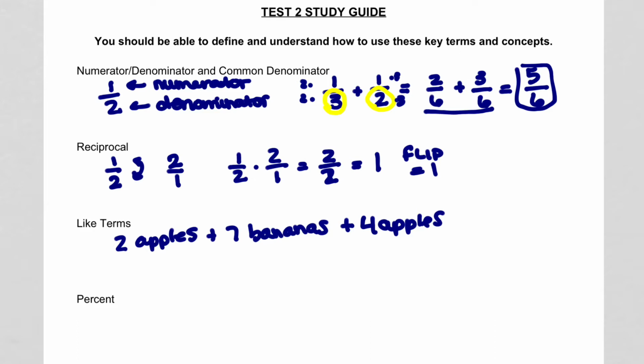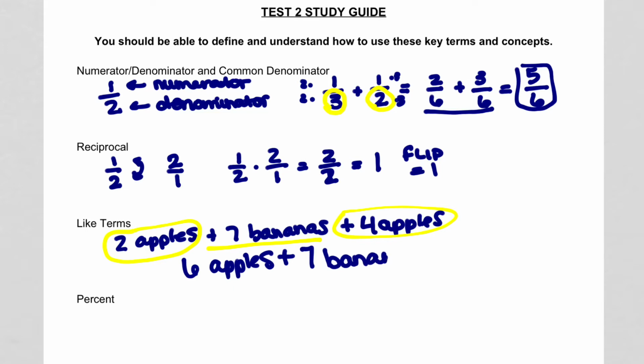So if I'm going to gather like terms, I would keep the apples with the apples. 2 apples and 4 apples is 6 apples. Then I can just list the bananas because I can't combine them with the apples, but I still have them. They didn't go anywhere. 7 bananas.